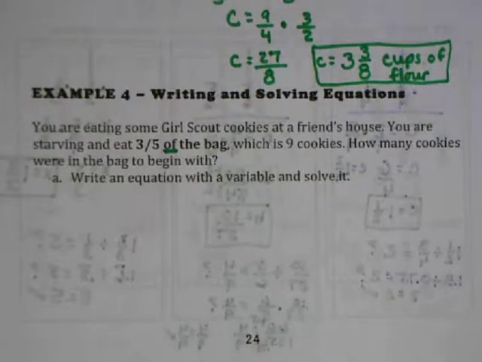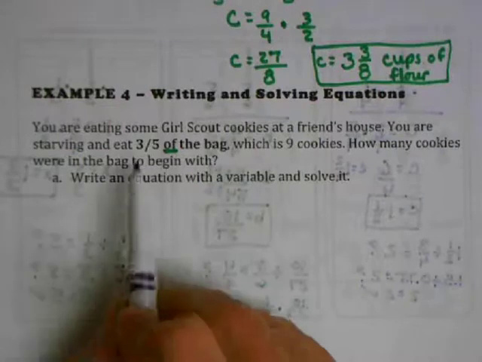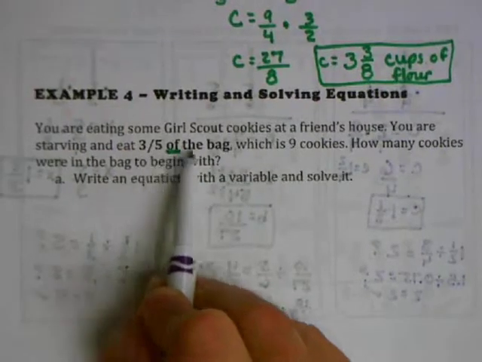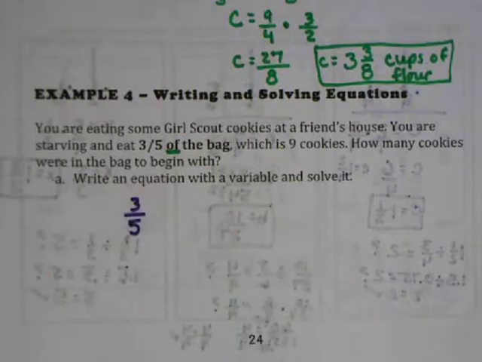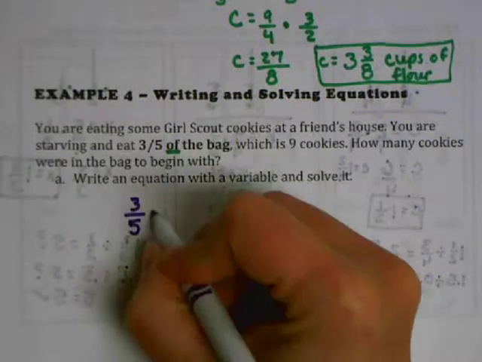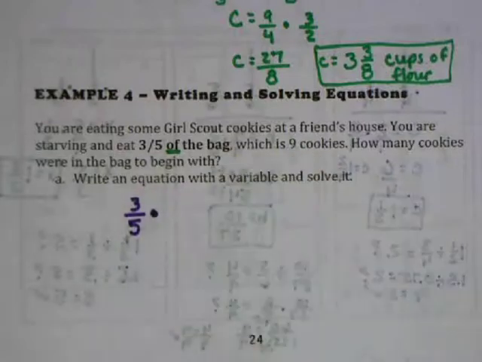All right. We're going to start by saying this out loud. 3/5 of the bag. 3/5 of, what's of? Times. And the bag, that means like how many cookies were in the original bag, right? Do we know how many were in there? No, we don't know.